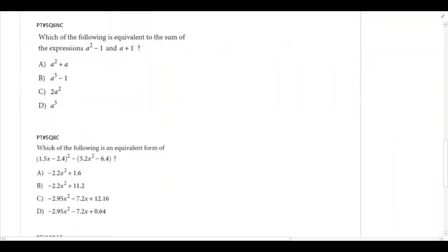This next one says, which of the following is equivalent to the sum of the expressions? Here's one polynomial, here's the other, and they want the sum. Sum represents addition, so I'm taking a squared minus 1 and adding a plus 1. Technically we should put these in parentheses, but we don't have to distribute.